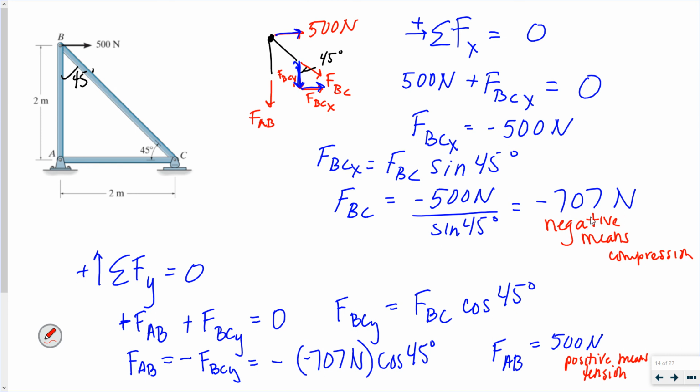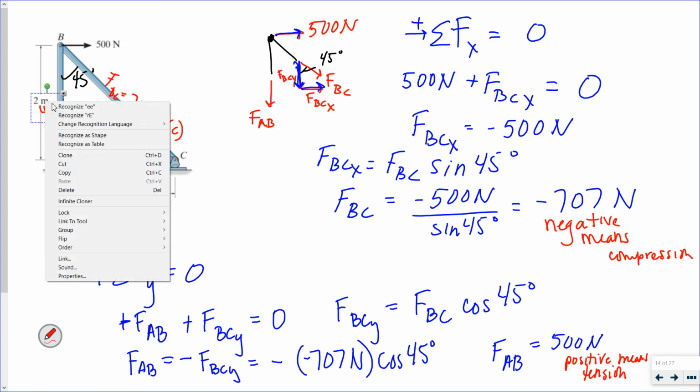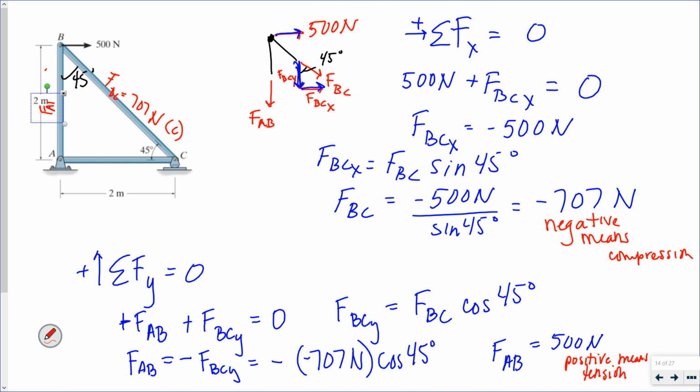So force BC is 707 newtons compression. Force AB is 500 newtons in tension.